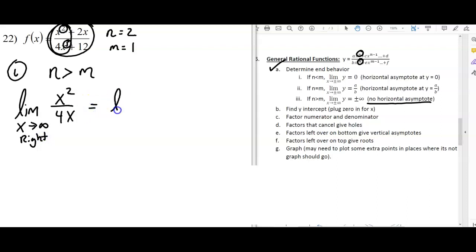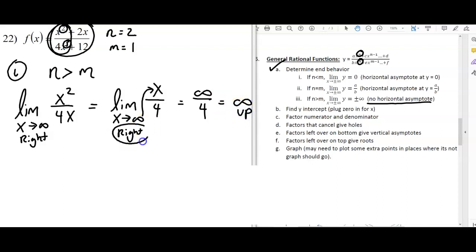Well, the first thing I'm going to do is reduce it. We're going to reduce this. So if I reduce that, I end up with x over 4. And if I'm finding the limit as x goes to infinity, I'm just going to plug this in here for x, and I get infinity over 4. Now, if you divide infinity by 4, you just get infinity, and that means up.